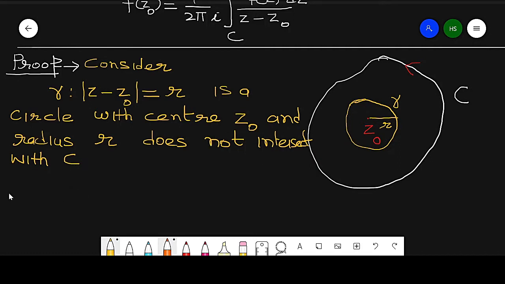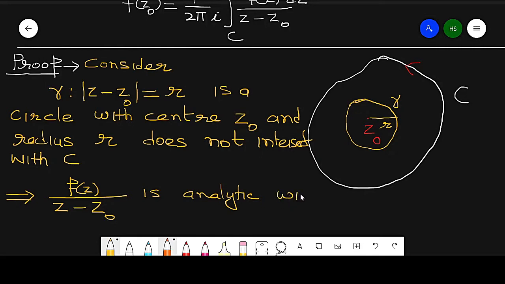Then it implies that f(z) over (z minus z0), a new function, is analytic in the region outside gamma and inside C, that is an annulus region bounded by C and gamma.